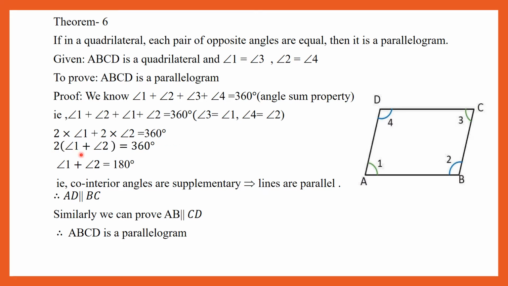Taking 2 as common, we have 2 into (angle 1 plus angle 2) is equal to 360 degrees, and therefore angle 1 plus angle 2 will be 360 divided by 2, which is equal to 180 degrees.